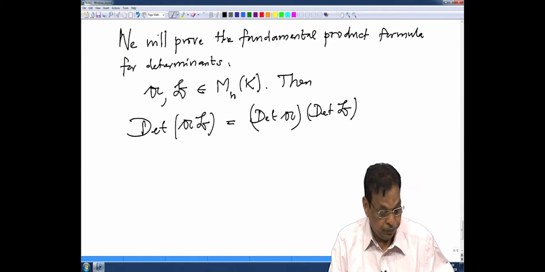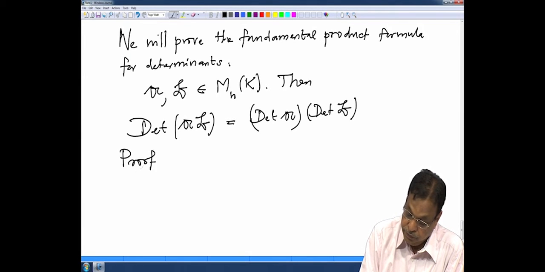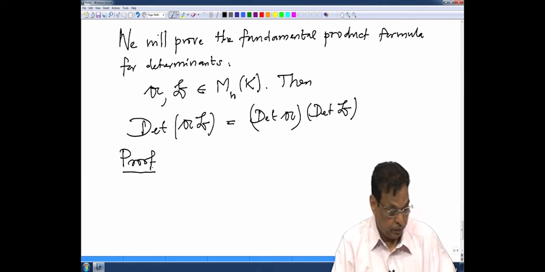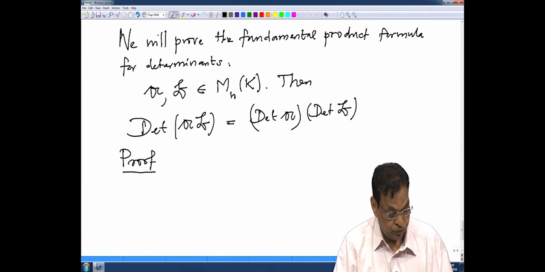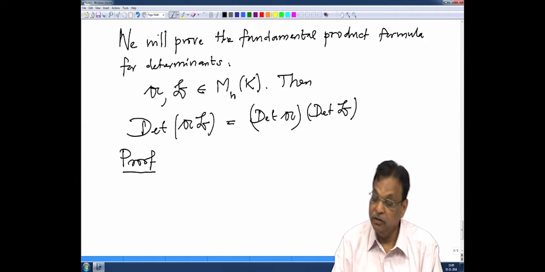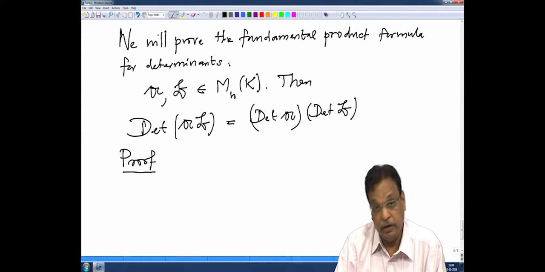Okay. So, proof. I will use the fact that this determinant function is alternating and n multilinear.